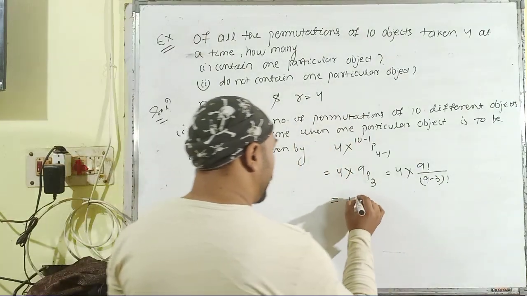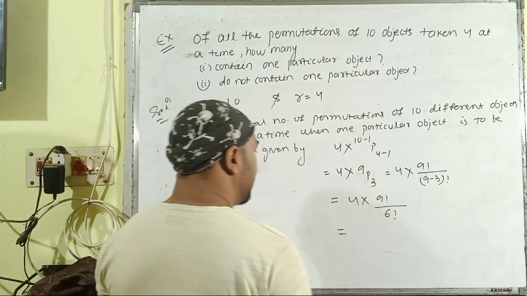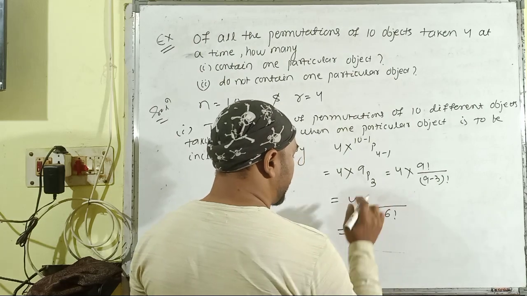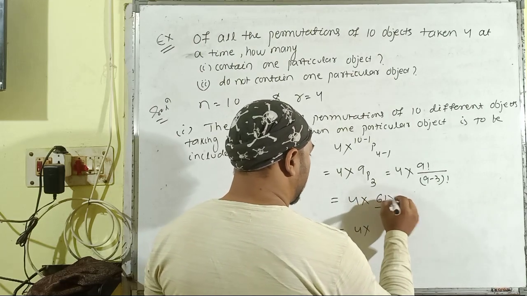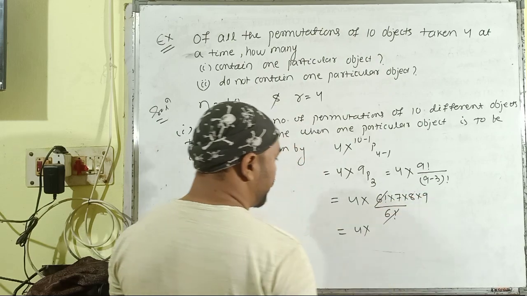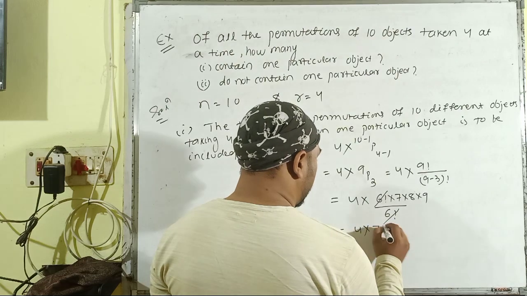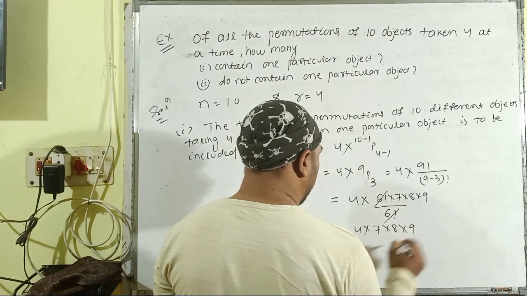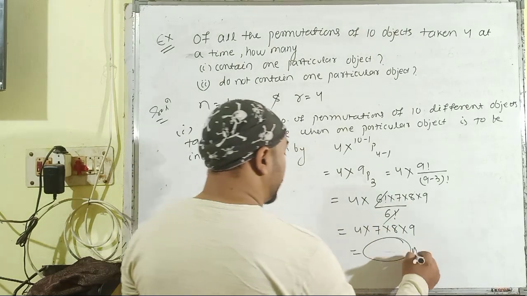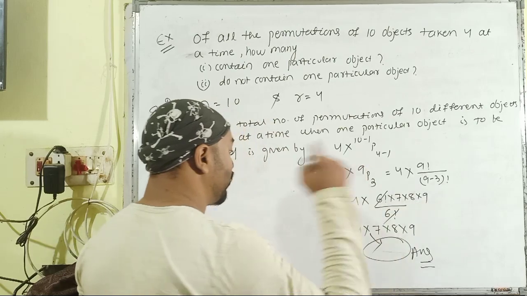That means 4 multiplied with 9 factorial divided by 6 factorial. Just simplifying, let us convert the 9 factorial in the form of 6 factorial, 7 into 8 into 9. Then cancelling both of the 6 factorial, it is 4 multiplied with 7 multiplied with 8 multiplied with 9. Just multiply these 4 numbers and here is your answer.